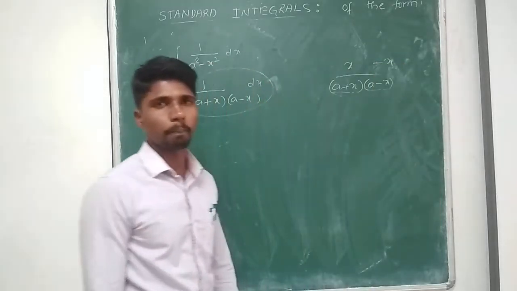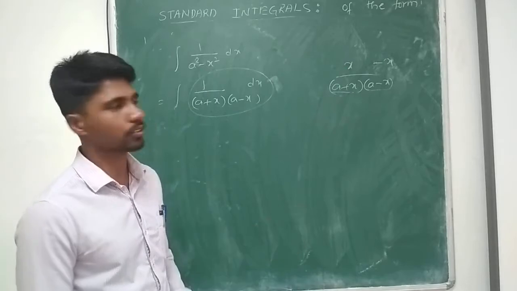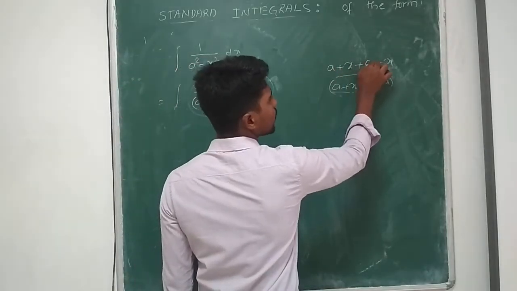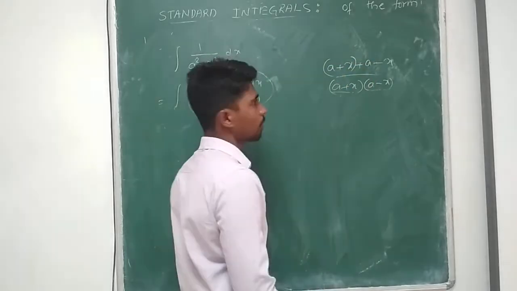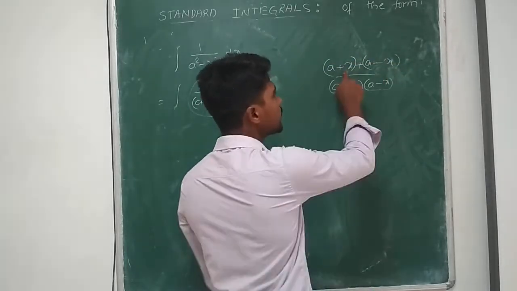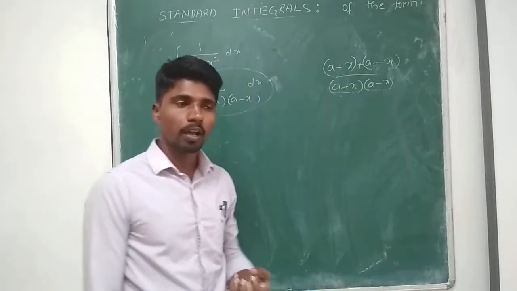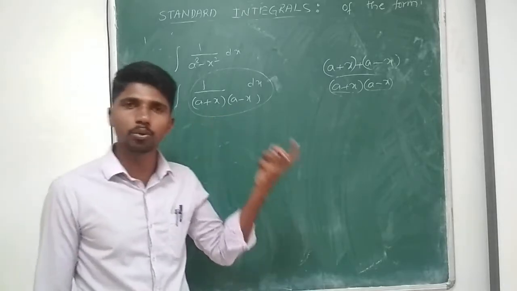First thing got over. Next, I need a plus x and a minus x. So I write a plus x plus a minus x, where I consider a plus x as one part and a minus x as another part. What do we get as the resultant? Plus x minus x will get cancelled, so I get 2a. So I have an extra constant: I multiplied the integral by 2a.